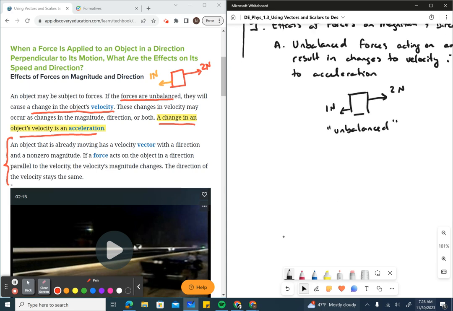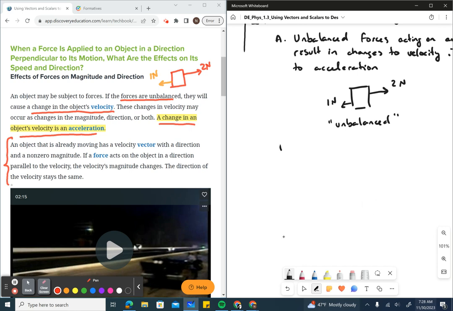Now, how about this next scenario here, the second paragraph. What if you have an object, and your object is moving in a particular direction? If a force acts on the object in a direction parallel to the velocity, so if this is moving, let's say at 10 meters per second, that's the velocity.